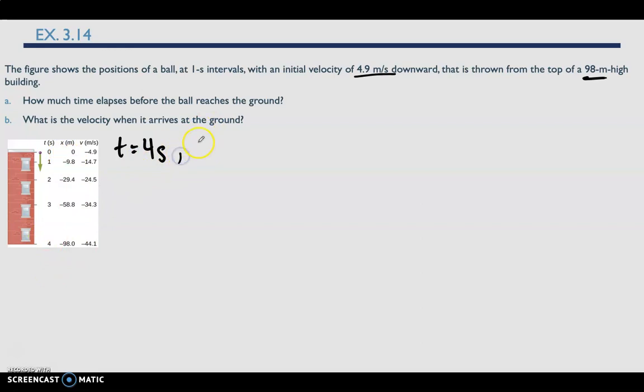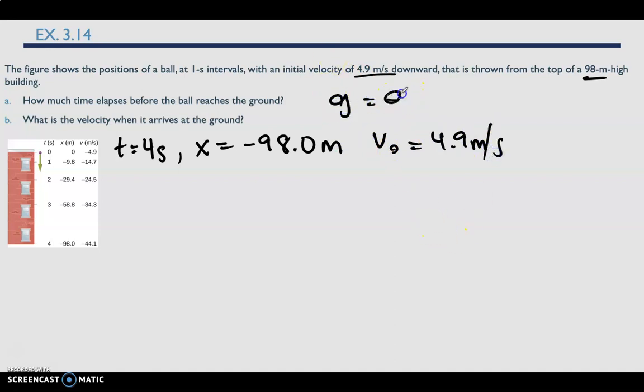The final position, x, is negative 98.0. This actually already tells us the velocity when it reaches the ground, but we're going to ignore that. We know that the initial velocity is 4.9 meters per second. We know g is just 9.8 meters per second squared.